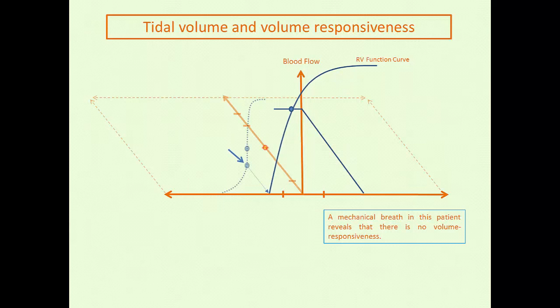So you'll move from here to here, and you can see the operating portion of the cardiovascular system has changed from there to there. So there's a minimal fluctuation in your RV output. You will not see a D down a few cardiac cycles later, and this patient will be deemed to be volume non-responsive, even though they clearly are.